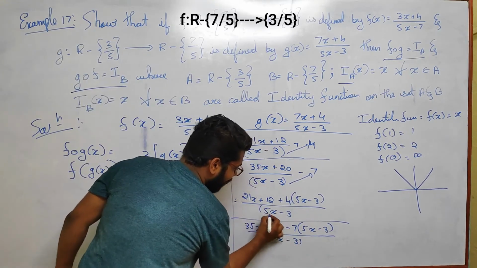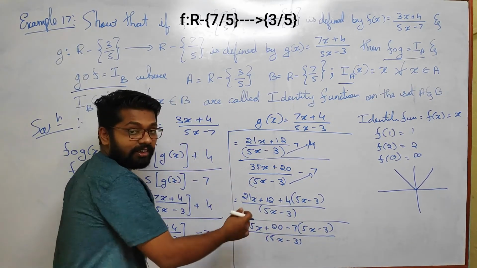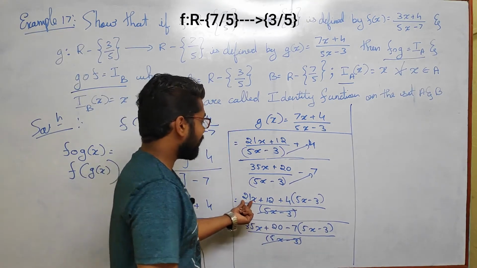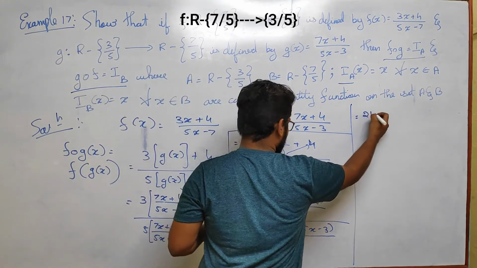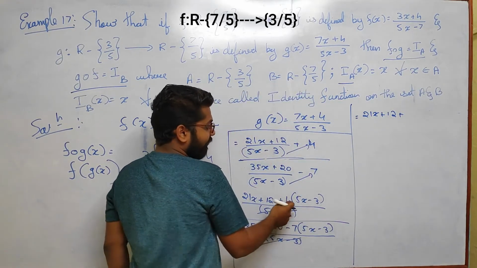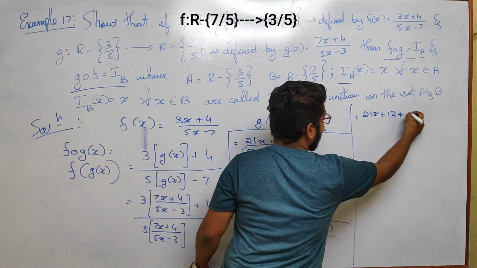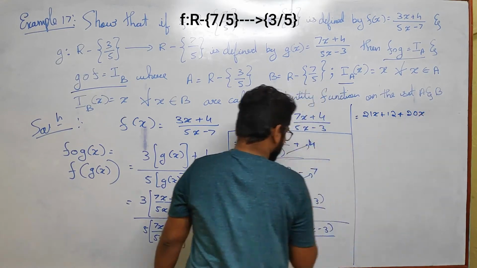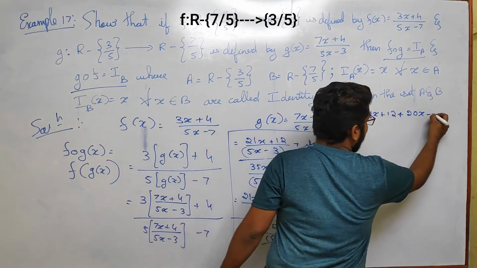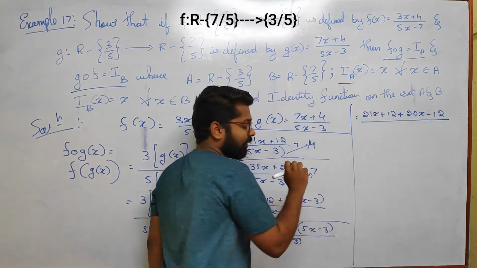5x - 3, 5x - 3 is common, I mean the same, so cancel them out. Numerators, 21x will keep as it is, plus 12 plus 4 5s are 20x, 5 4s are 20, no? 20x minus 4 3s are 12, correct?